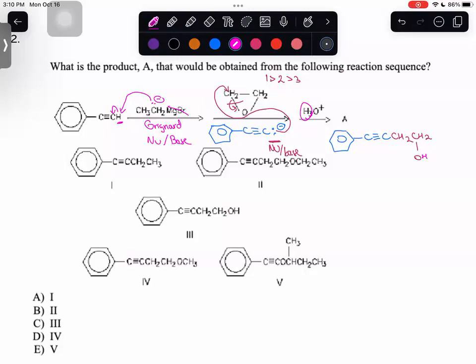Okay, I have one vote for 3. Does everyone agree? Yes, it is going to be 3. It's just drawn slightly different, but again, just count your carbons. Look at the connections. They're the exact same. So that's why C is going to be your answer in this case.